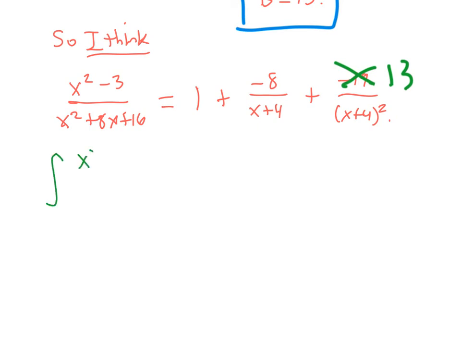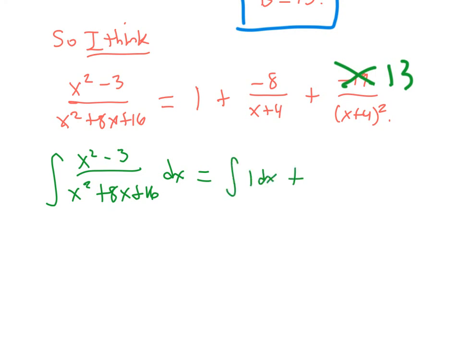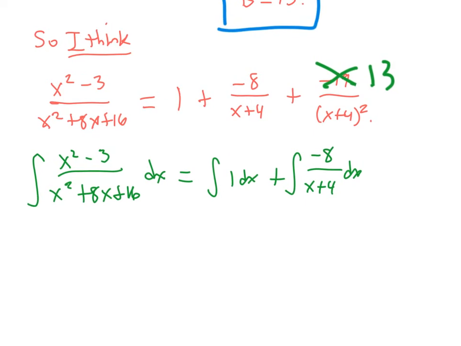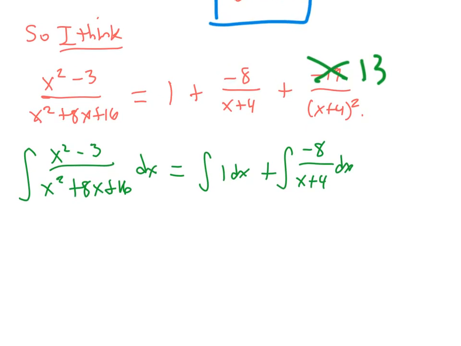Integral (x squared minus 3) over (x squared plus 8x plus 16) dx equals the integral of 1 dx plus the integral of -8 over (x plus 4) dx. Need a little bit more room here. Plus the integral of 13 over (x plus 4) squared dx.